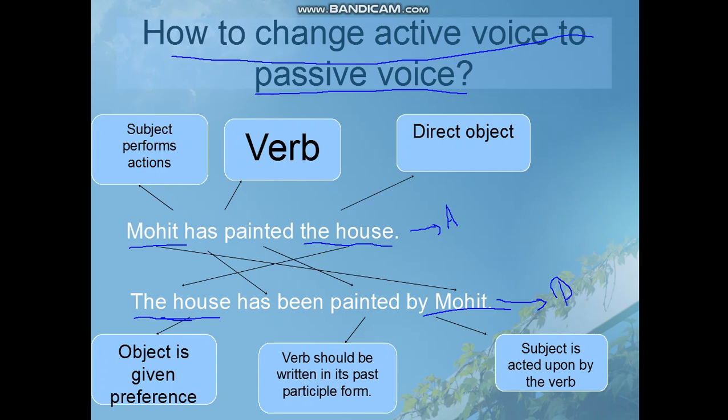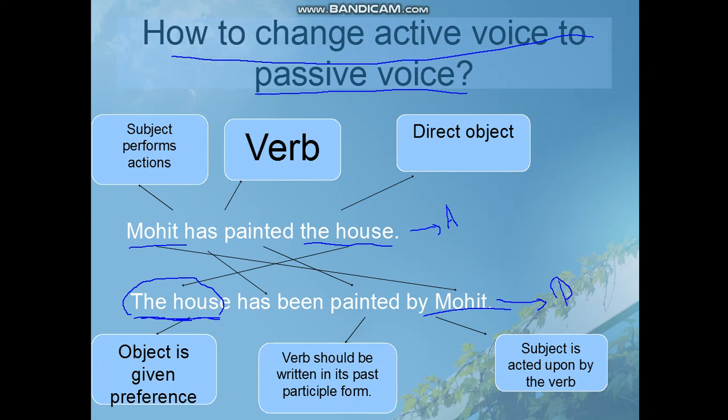Now if someone tells you, this is a beautiful house, then in conversation we reply, the house has been painted by Mohit. We are telling that the house has been painted, but we are giving more preference to the house. I hope you are understanding.